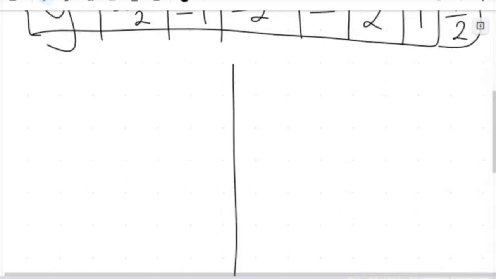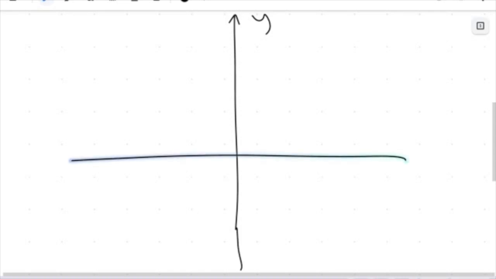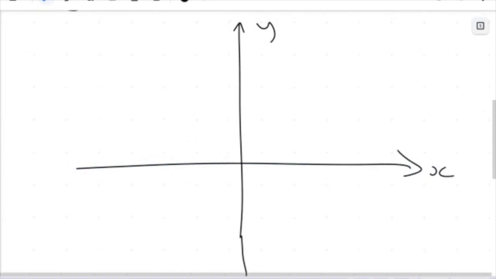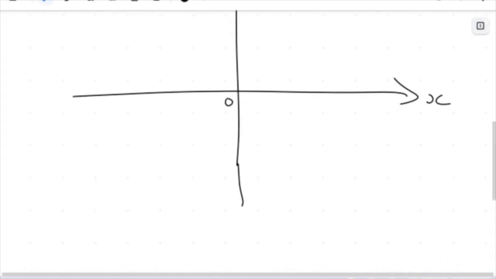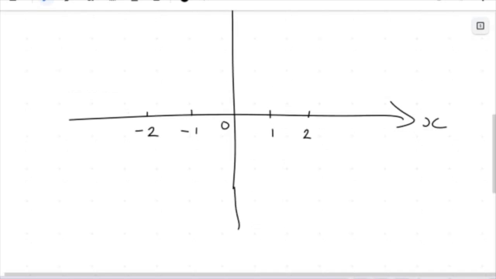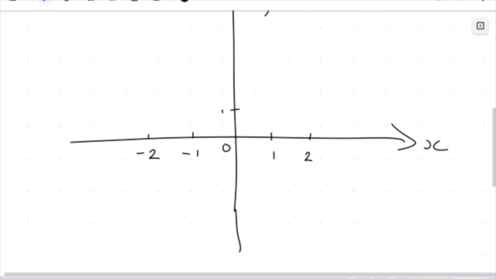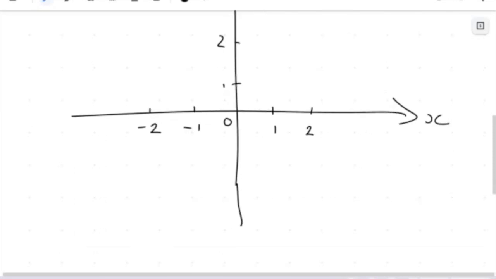So I have an axis here, my y-axis, and I have an x-axis too. And I want to map out all of these points here. So I've got 0 here, I've got 1, 2, -1, -2, I have 1, 2, and -1, -2.